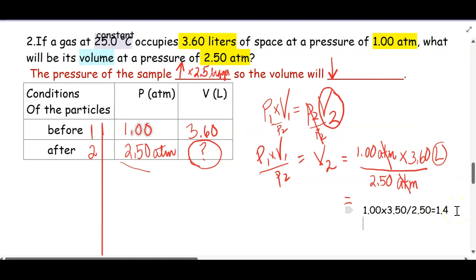And my answer is 1.4. Remember how I said it should be smaller than 3.6? It's 1.4. And since we have 3 numbers here and 3 numbers here, I know that our final one can have 3 digits, and we know that liters is the final unit.